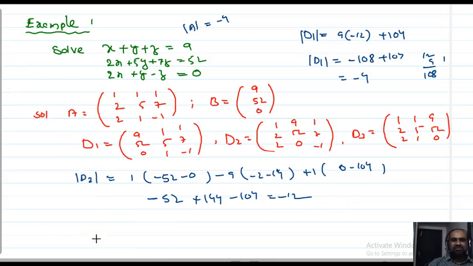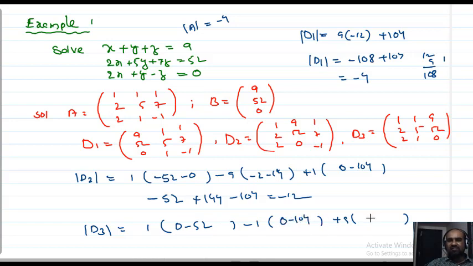Okay, D3. Determinant of D3. 1 times of something, minus 1 times of something, plus 9 of something. 1 times of 0 minus 52. 1 times of 0 minus 104. 9 times of 2 minus 10. This is minus 52.